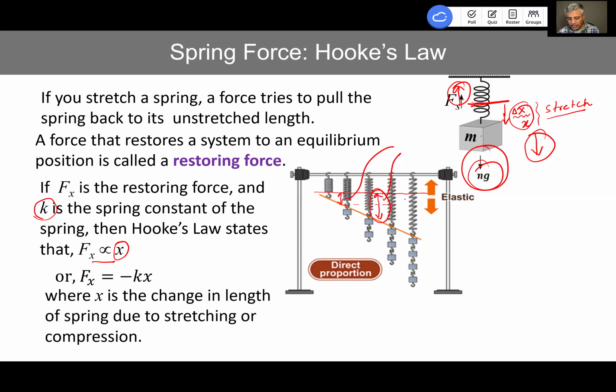If we do careful measurement, this new stretch is double compared to this stretch. Why? Because the mass is double. Mass double means weight is also double because weight is simply mass times g. So when you double the mass, the whole weight also becomes double.